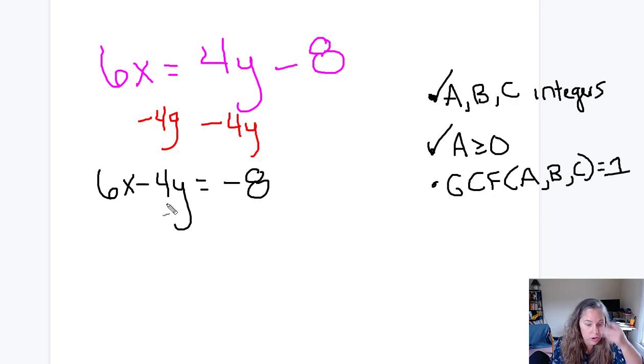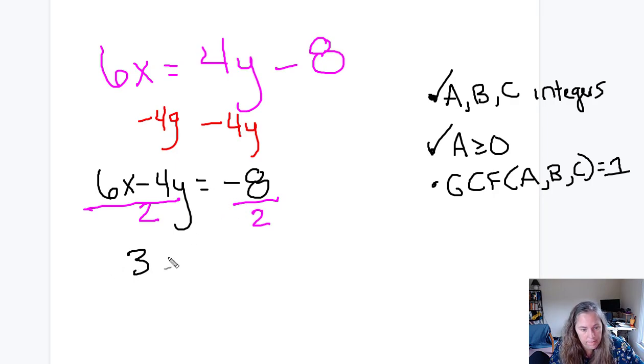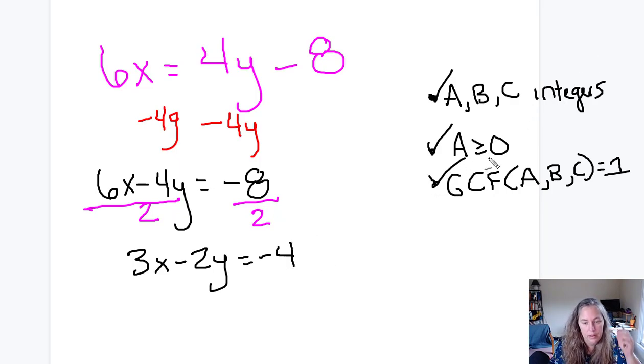Nope, because 2 goes into all of those. So what we're going to do is divide both sides by 2, and you have to divide everything by 2. And you're going to get 3x minus 2y equals negative 4. And we're good on that one.